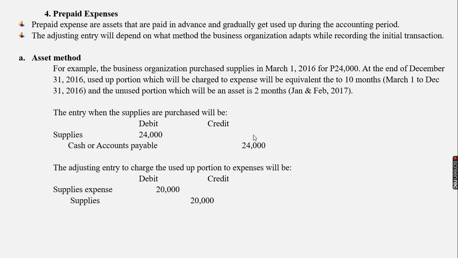So, with the asset method, for example, the business organization purchased supplies on March 1, 2016 for 24,000.